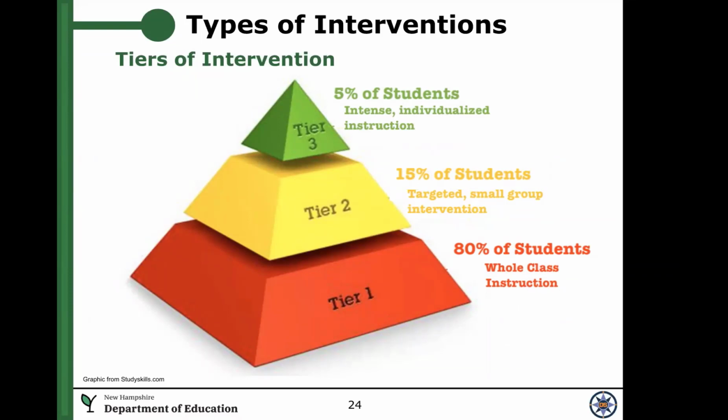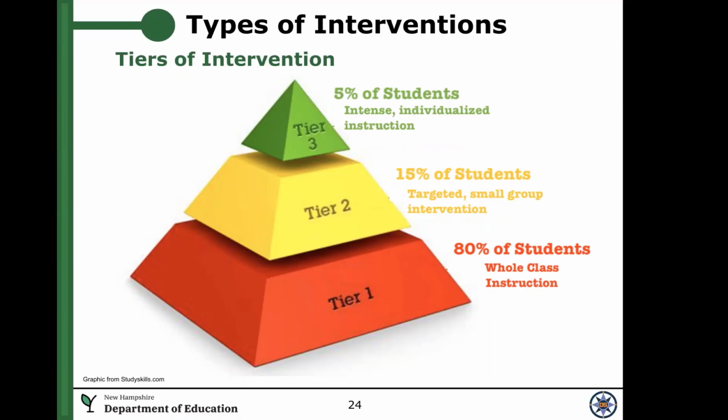So tier 1 is about 80%, or 80 to 100% really, whole class instruction. If you have a specific skill that you find that 80% or more of your students are not getting, that is tier 1. That's your whole class. You're going to continue to instruct in the whole group setting.